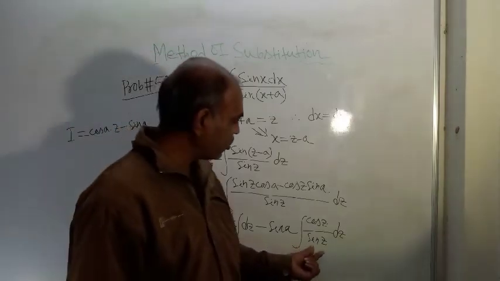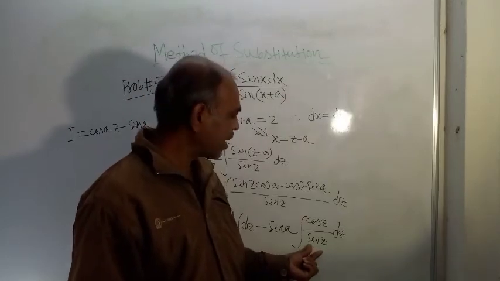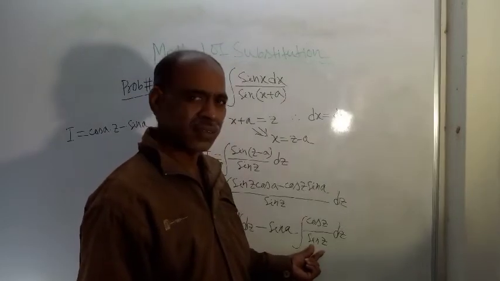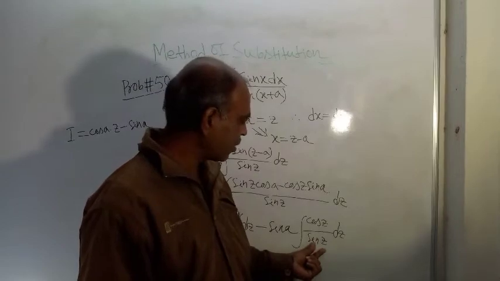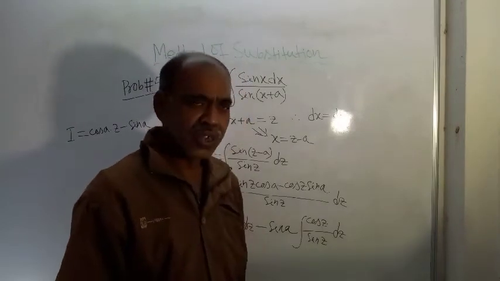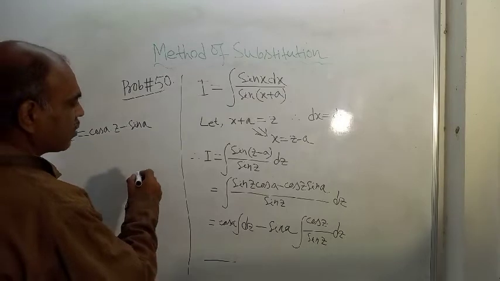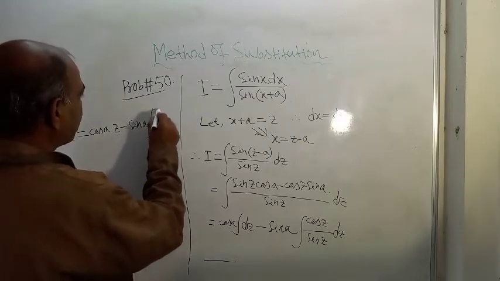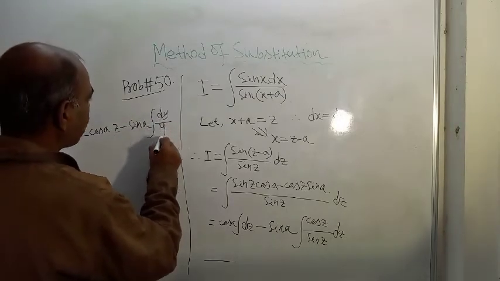If you assume sin z is equal to y, then you know that cos z dz is equal to dy. So you will get dy by y.